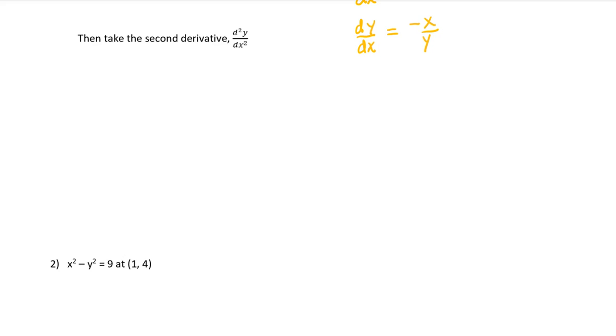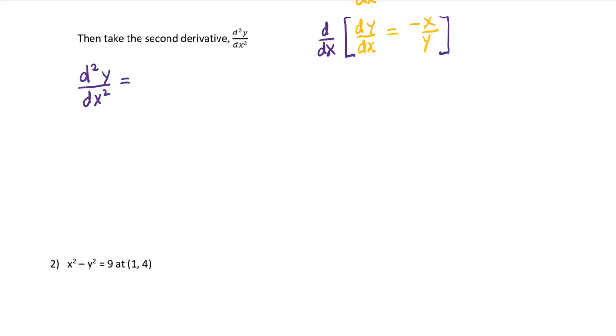So what it's basically asking me to do is take d/dx, the second derivative of this function. When I do that, I'm going to end up on the left with d2y over dx2. All right, notation's a little funky, I know that, but we won't worry so much about that.